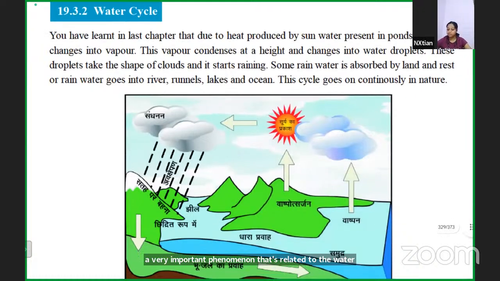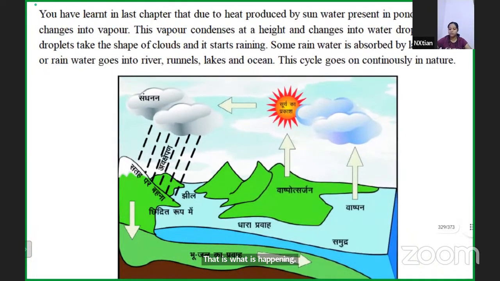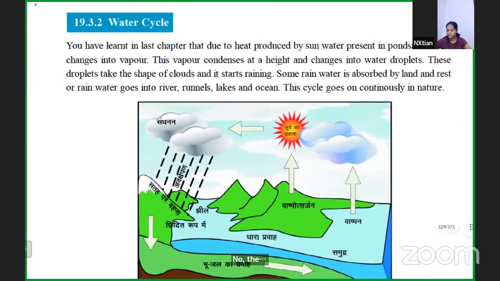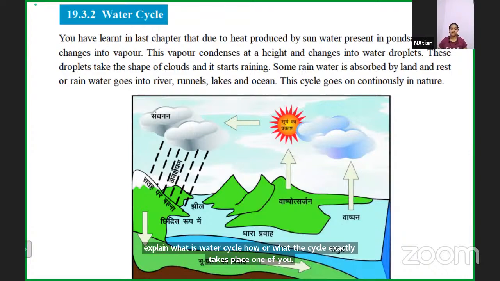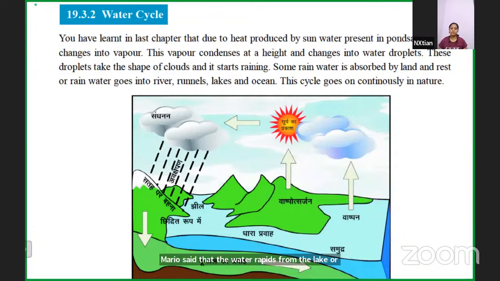Now we studied the water cycle and how it happens. Can anyone explain what the water cycle is and how it takes place? Ma'am, you said that the water evaporates from a lake or any other place, then goes up in the sky and forms droplets, and then goes into the clouds.